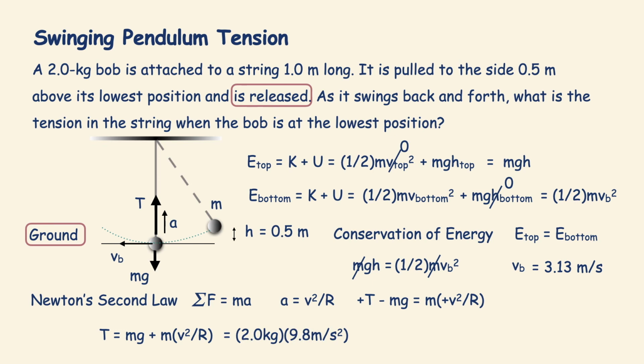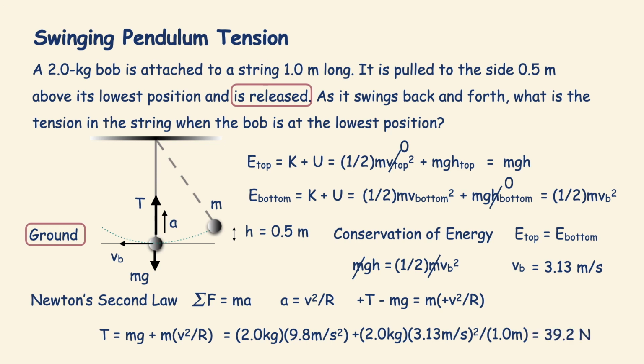With the numerical values from the problem, we're going to have for mg 2 kilograms times 9.8 meters per second squared, plus 2.0 kilograms times the speed which we found in the previous part of the problem, 3.13 meters per second, everything squared, divided by the radius of the circle, which in this case is equal to the length of the string, 1 meter.